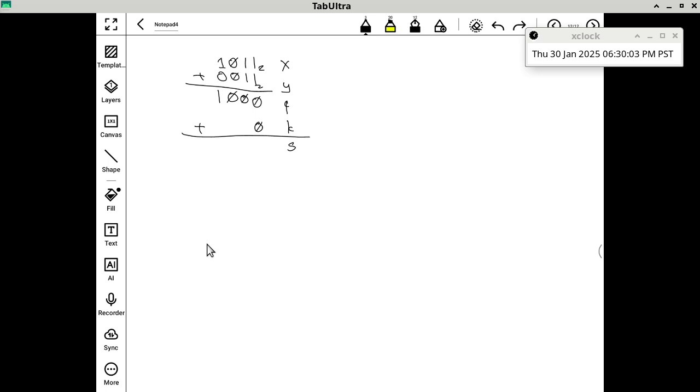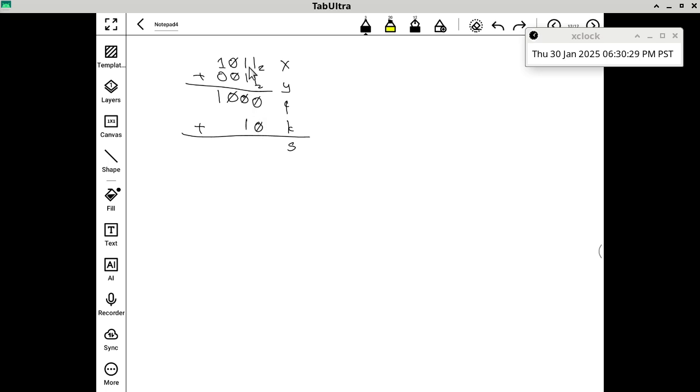I'm not even adding and modding anymore. I'm just performing exclusive OR. Okay. So the K is now looking at X and Y or Q and K. In this case, we have 1 and 1, which is already a 1. This is 0 and 0, which is a 0. 1 or 0 is a 1. So we put a 1 over here.